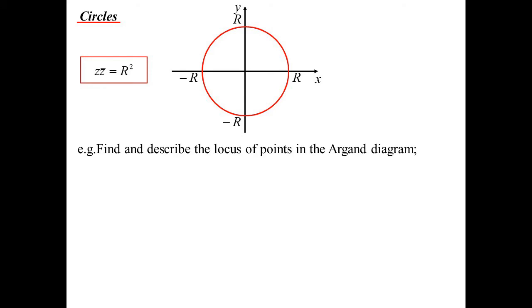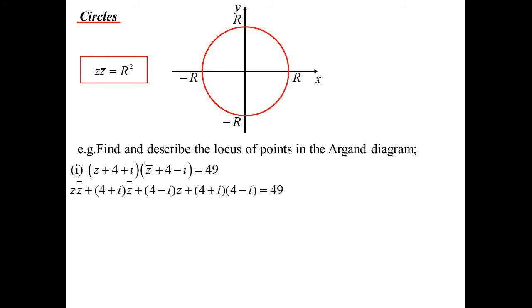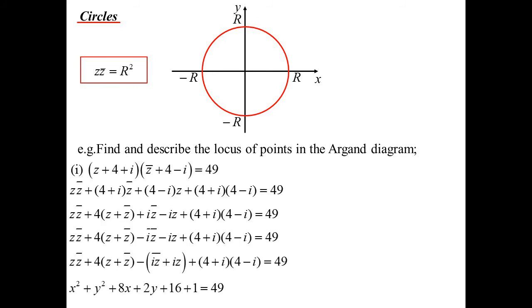So what have we got when we look at this one? z plus 4i times the conjugate of z plus 4 minus i is 49. Well, I could expand the whole thing out, which I've done. It looks messy, so let's tidy it up a bit. Eventually we get there, because if I don't know what it looks like, I'll take it back to the x and y's, and then I've got a Cartesian equation, and hopefully I'll recognise it.